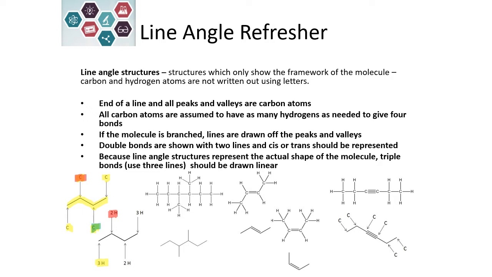Our third carbon again has 2 bonds, which means to make a total of 4 bonds, we need to have 2 additional hydrogens that are not drawn. And our last carbon has only 1 bond drawn to it, 1 line. And so to make a total of 4, we are going to have 3 additional hydrogens attached to it.